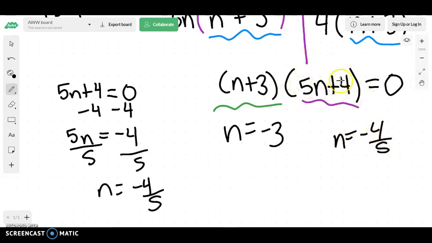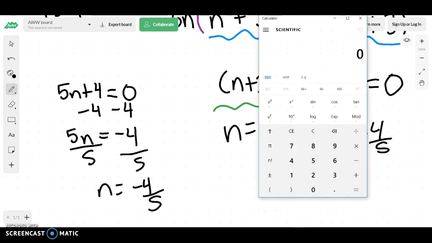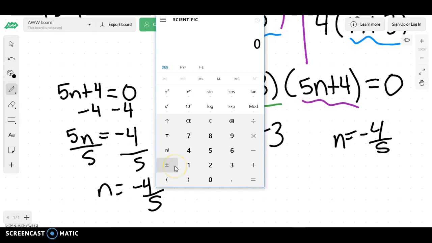And if you check that in a calculator, which we could do really easily, so let's just double check. If you do 5 times negative 4/5, which is negative 0.8, plus 4, you see that you get 0.